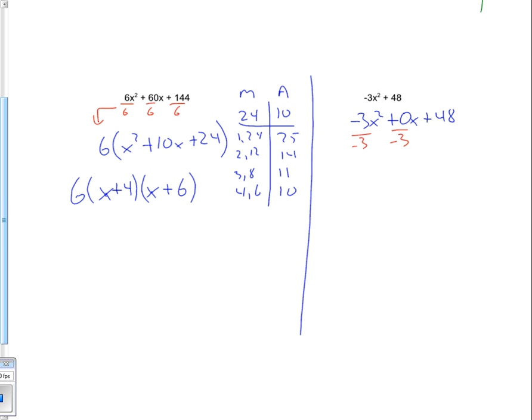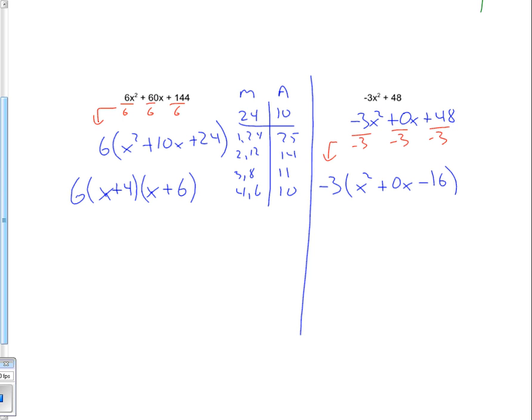So we're going to divide all of them by the a value. And so I'm going to bring that negative 3 out front. That's going to leave me with x squared plus 0x. And then 48 divided by negative 3 is going to give me negative 16.